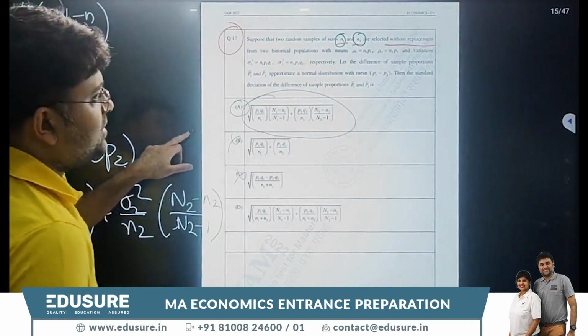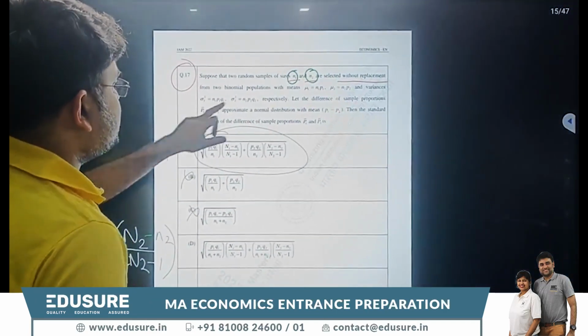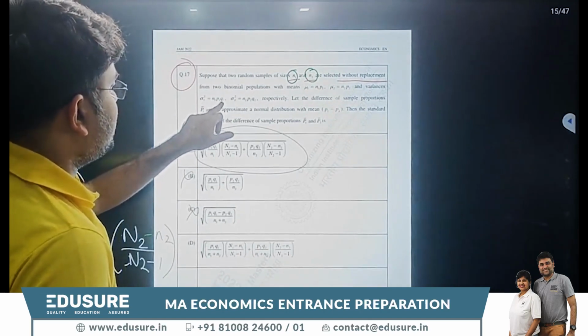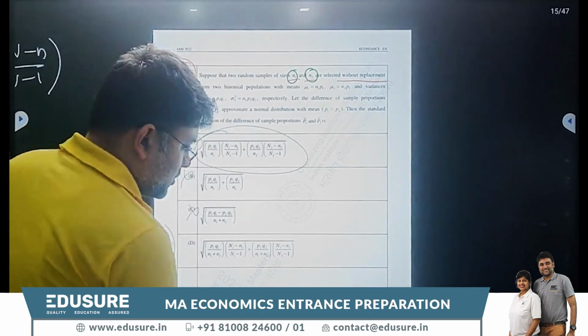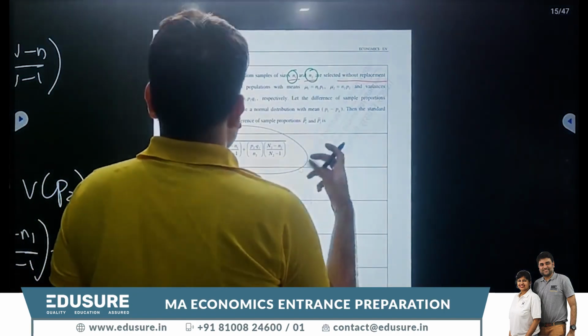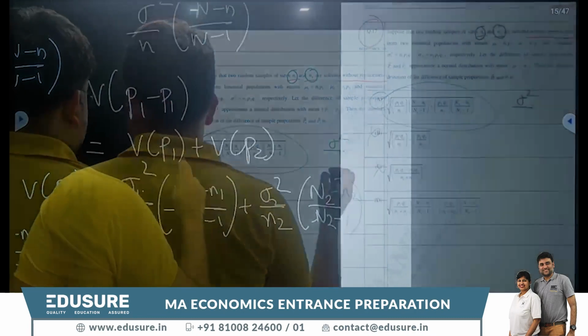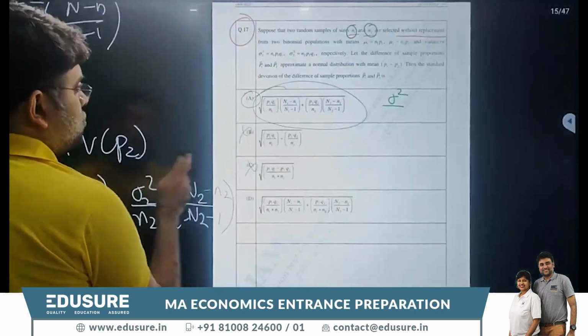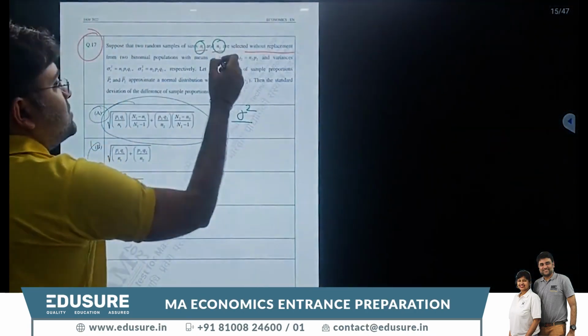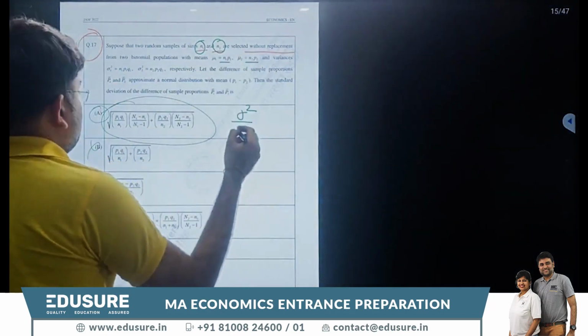Okay, this is what we get. Now, it's given to us that sigma 1 square is n1 p1 q1 and n2 p2 q2. See, the mean is n1 p1, n2 p2, right?